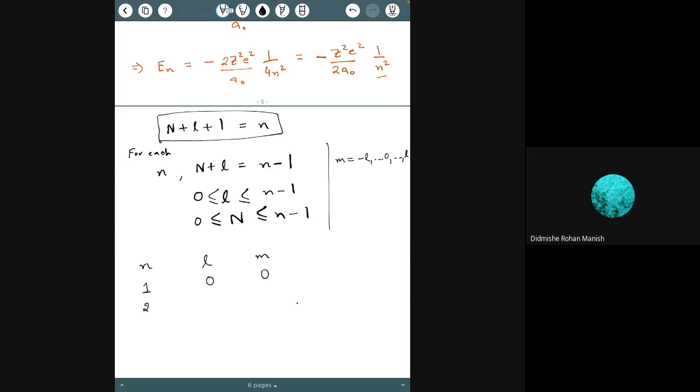Then for n equal to 2, I have two options. L can be 0, L can be 1, and M can be 0 when L is equal to 0, and it is equal to 0, plus minus 1 when L is equal to 1. And when n is equal to 3, then we have L equal to 0, 1, 2.